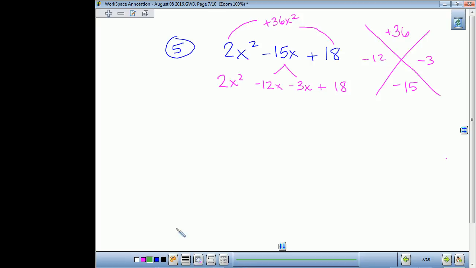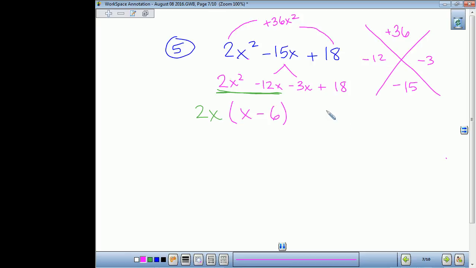All right, so we'll look at the first two. The first two are always going to have a GCF now. What is the biggest number that divides into 2 and 12? 2. What variables do they have in common? X. And when we factor that out, just out of those first two, what are we left with? X minus 6.